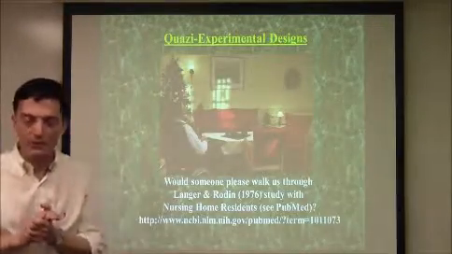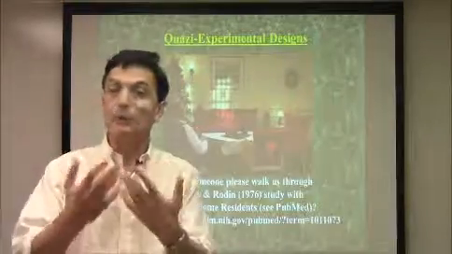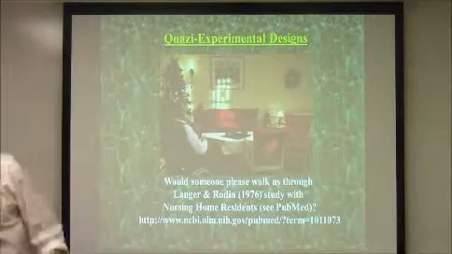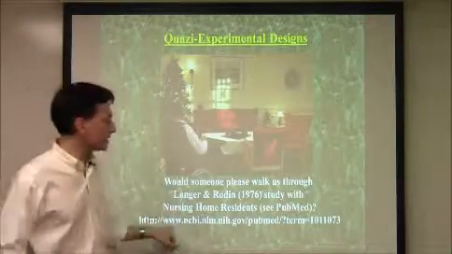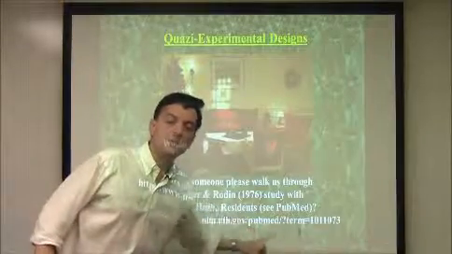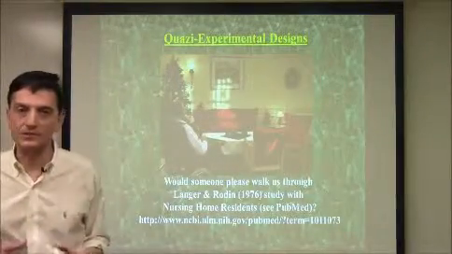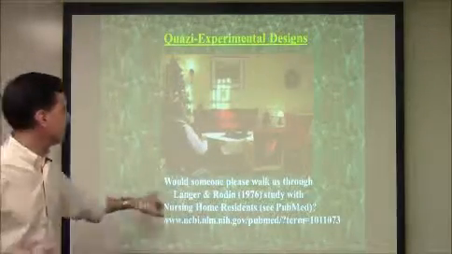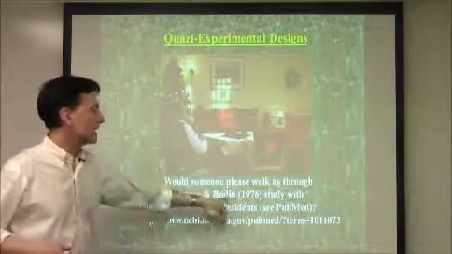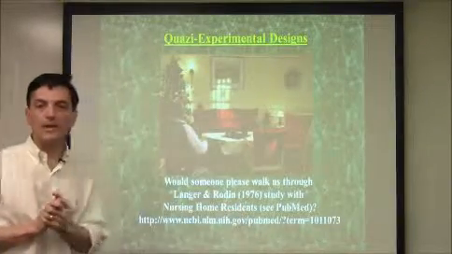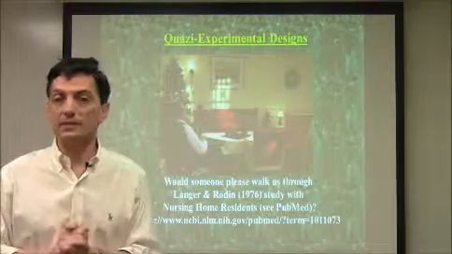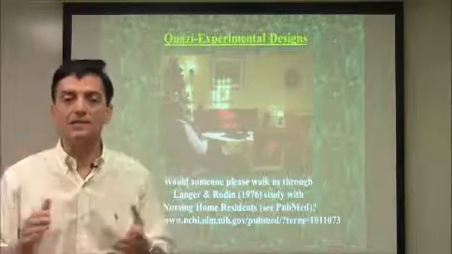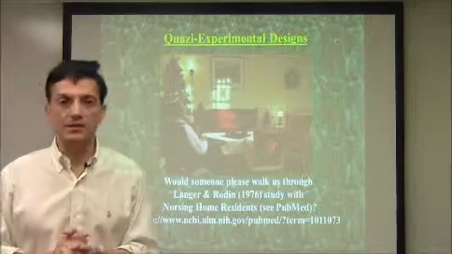So what we'll have you do is see if you can understand a real-world application of this kind of design called the non-equivalent control group design by taking advantage of this PubMed link. You can copy and paste this into your browser and read a little bit about this study by Langer and Rodin in 1976, where they were looking at how people age and how their faculties, their mental capacities change over time when they're in a nursing home.